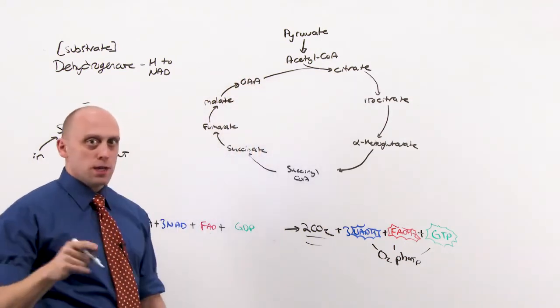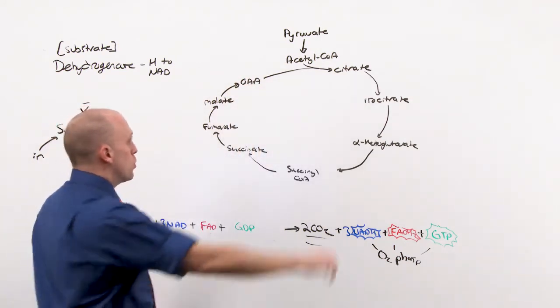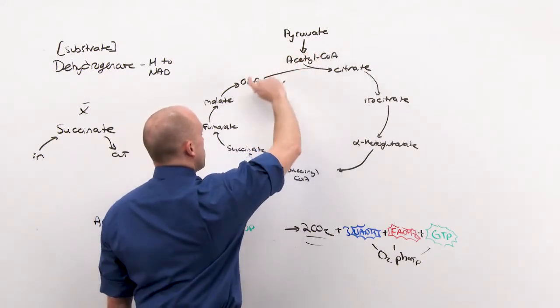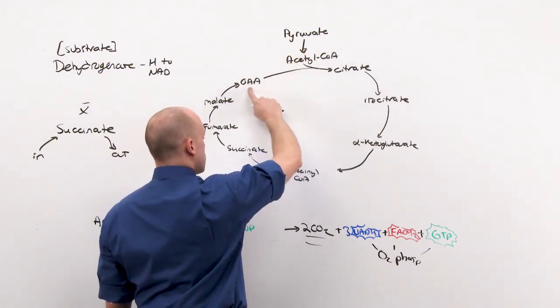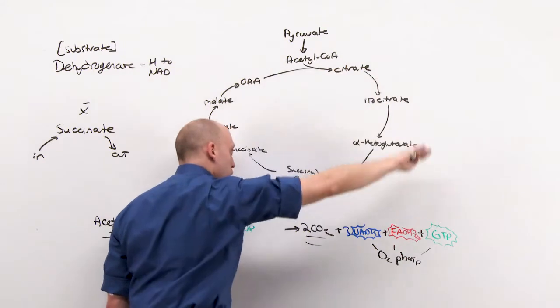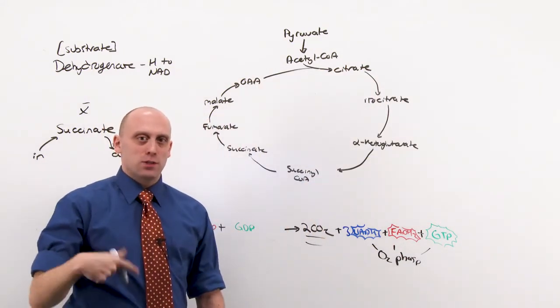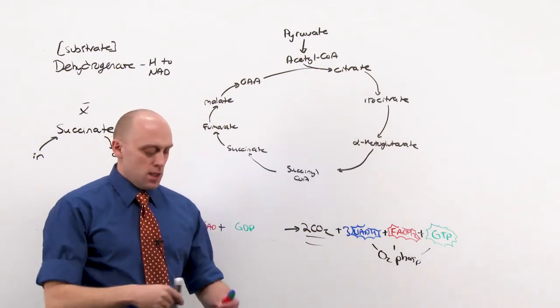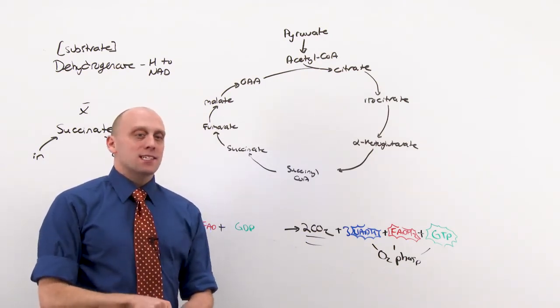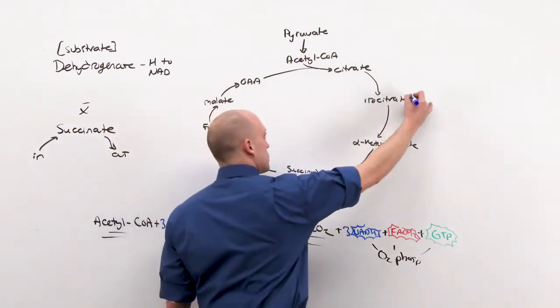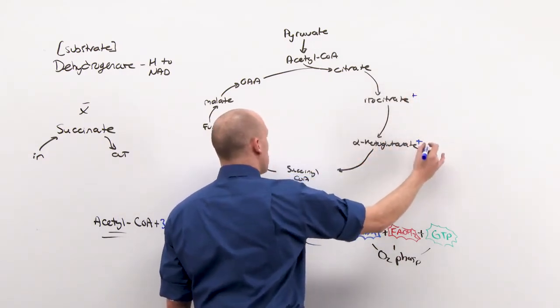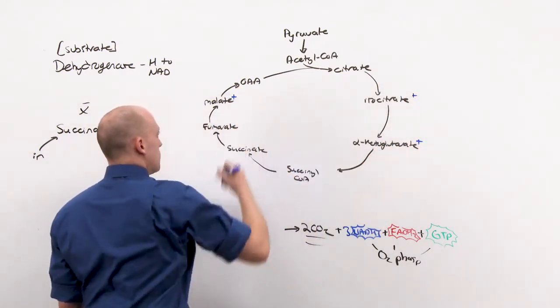This is what I meant by it, the wheel turns once. You put in the acetyl-CoA, it matches with the oxaloacetate, and the whole thing goes back until oxaloacetate is regenerated for the next acetyl-CoA to run the cycle. Steps that are the classic dehydrogenase occur after isocitrate, alpha-ketoglutarate, and malate.